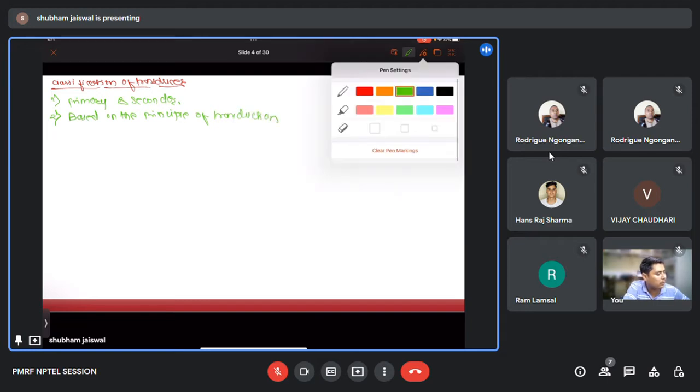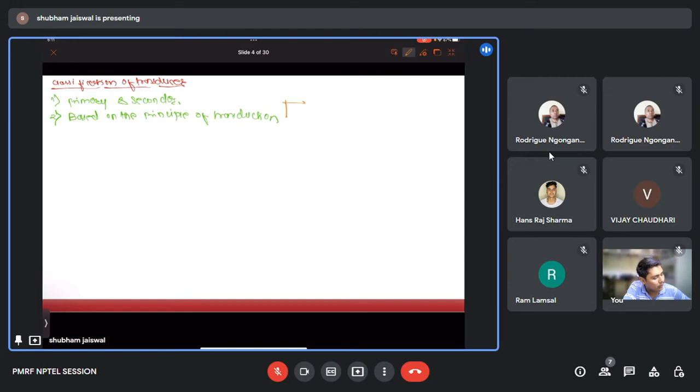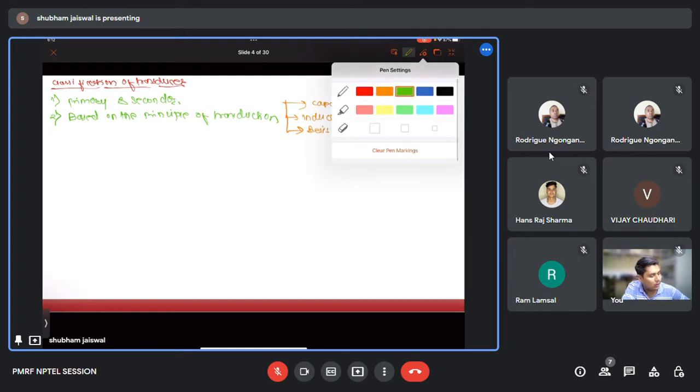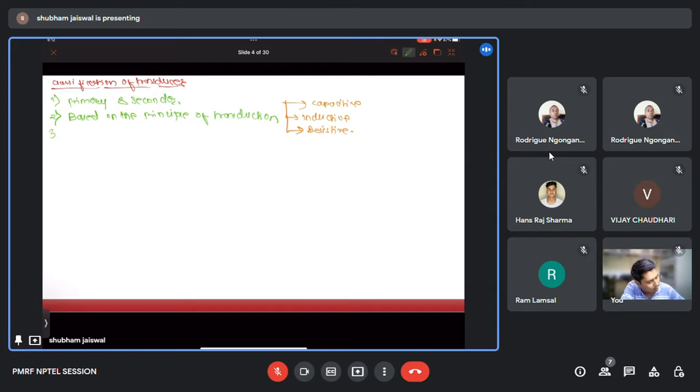Based on the principle of transduction, we have three different transducers: capacitive, inductive, and the third one is, anyone? Mr. Hansraj, Mr. Vijay? Resistive. Okay, it's resistive. Then we have active and passive transducers.